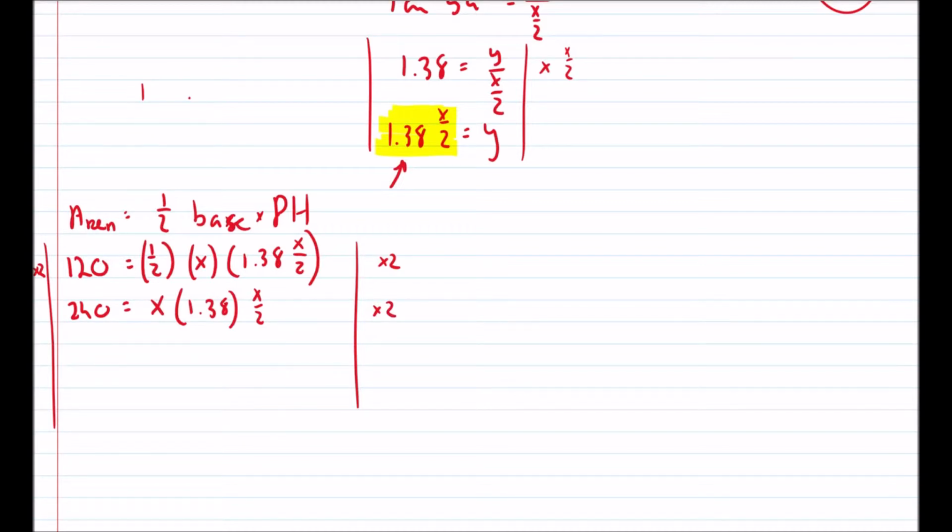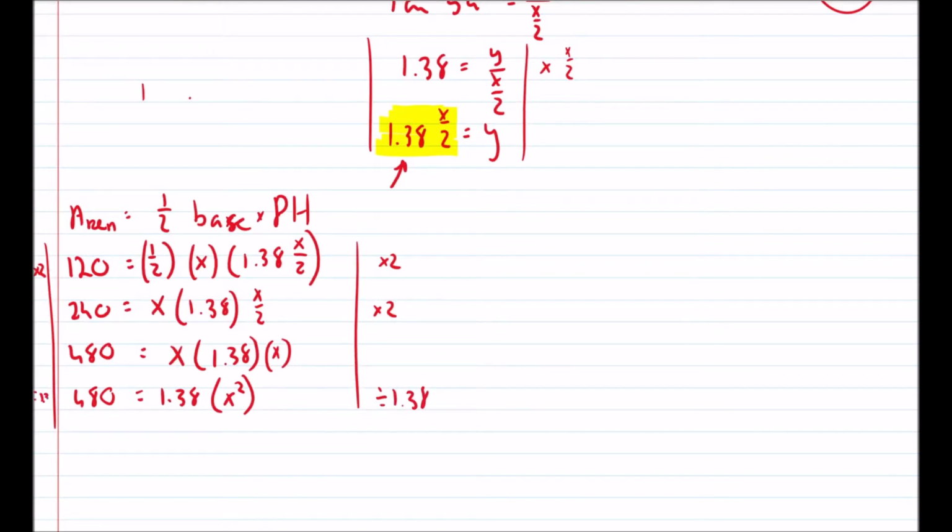So I'll have x multiplied by 1.38 multiplied by x, and that equals 480. Just to type that up, 480 equals 1.38 multiplied by x by x, x squared. If I divide this side by 1.38, I have to divide the other side by 1.38.